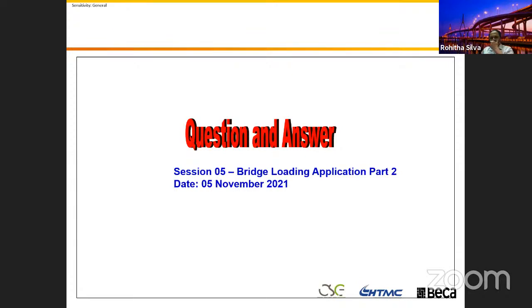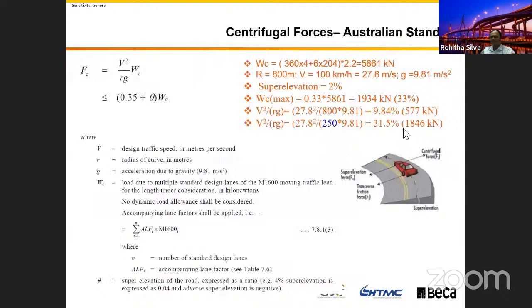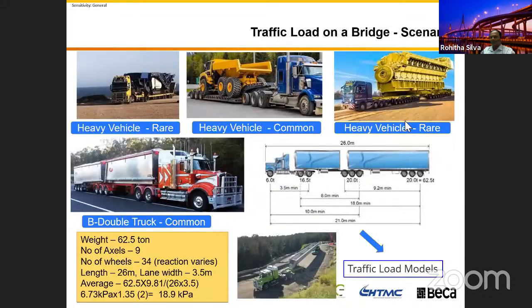I think, Shanti, if I go back to the first slide, when we were talking about this situation, the weight of this truck is 62.5 tonnes. That's the standard B-double truck. So we can have this truck at, say, 35 meter average spacing.